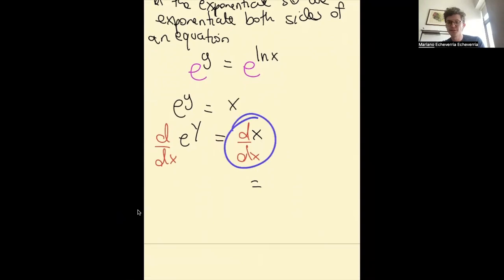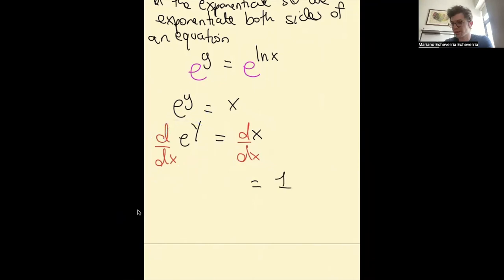Okay, so what is this supposed to be? This should just be one, right? Because it's as we had been doing before. Okay. And then how can you find this derivative? There's a trick that we have been using, right?